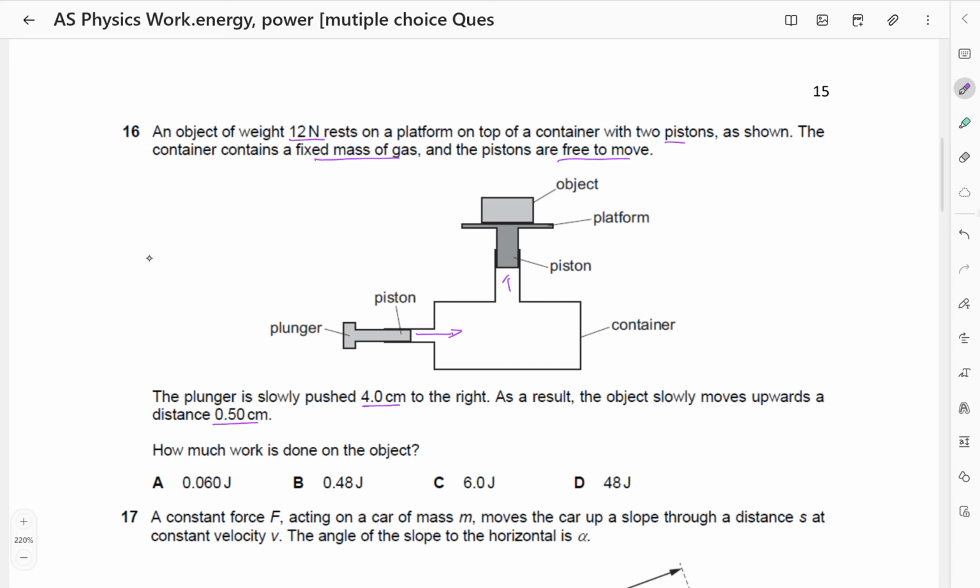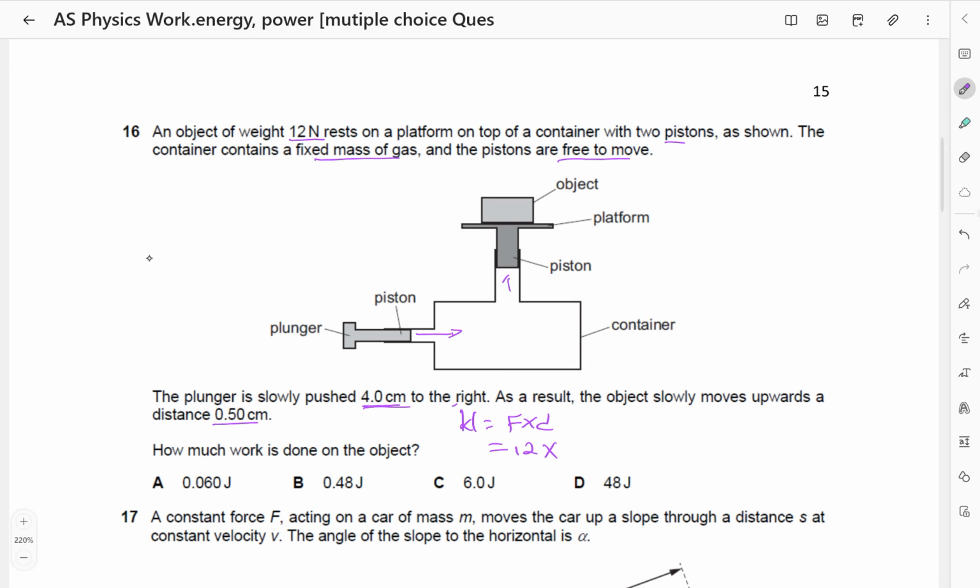It is just a long passage for nothing. Work done is simply the force times the distance moved in the direction of the force. So the force is 12 newtons, times the distance it moves, which is 0.5 centimeters, not 4 centimeters. The plunger is slowly pushed 4 centimeters to the right, but the object we are looking at moves 0.5 centimeters upwards.